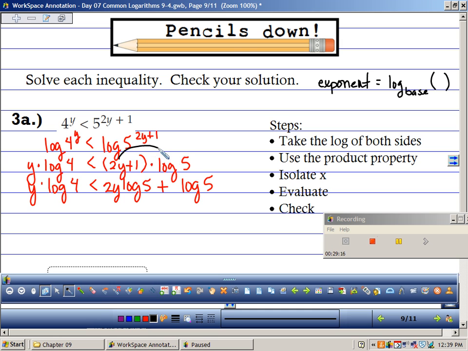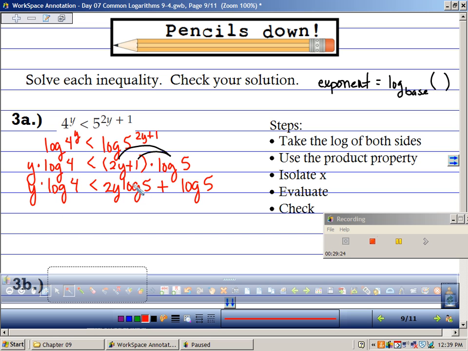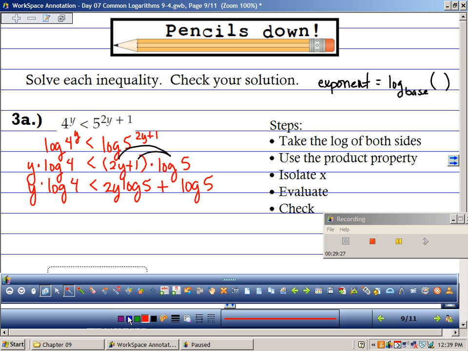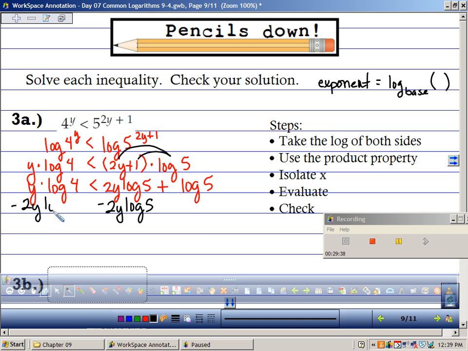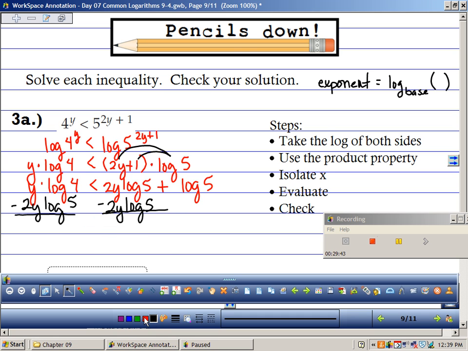Now I want to get my y's by themselves, so I've got a y on this side and a y on that side. How could I move this y over here? I would subtract 2y log 5 from both sides.